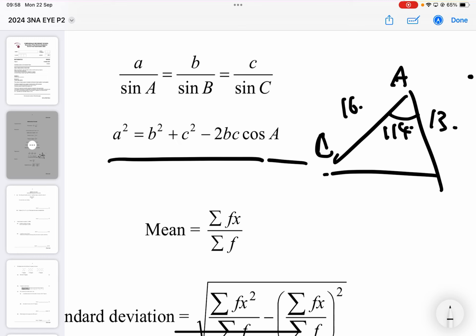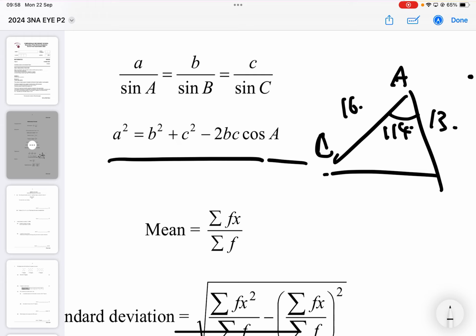Then my A square is this side, the side that I want to find. Then my B square and C square, B will be here, C will be here, either one. I look at the angle to tell me which is the side that I should put here. There is only one angle here, so this is my cosine A, and the opposite side must come here.